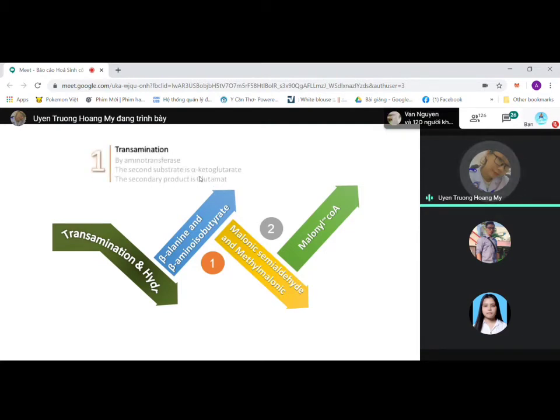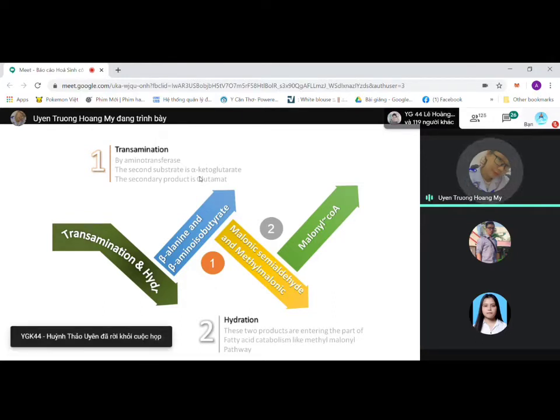In transamination, an aminotransferase enzyme is used, and the second substrate is alpha-ketoglutarate. The secondary product is glutamate. After hydration, these two products enter fatty acid catabolism, like the methylmalonyl pathway.